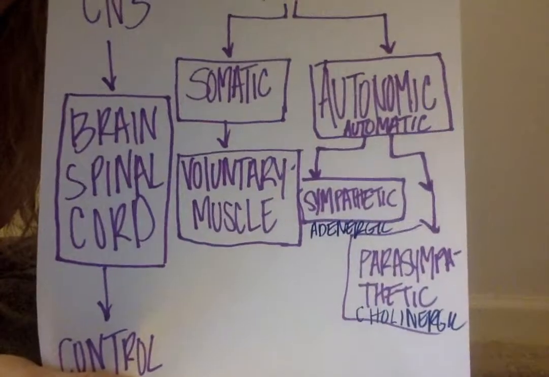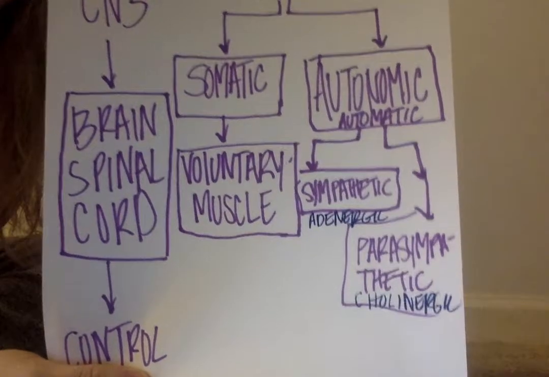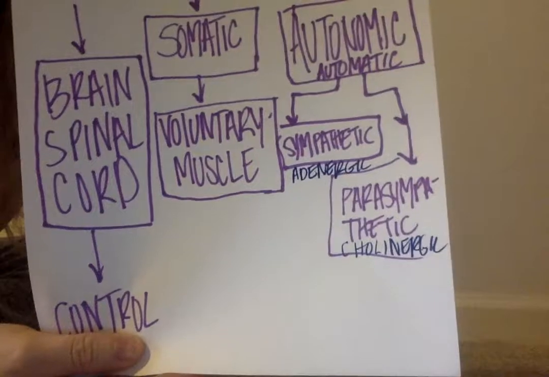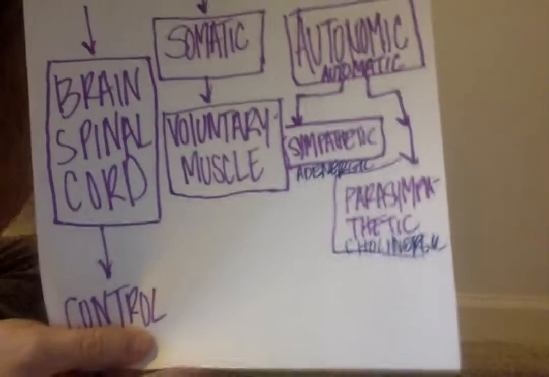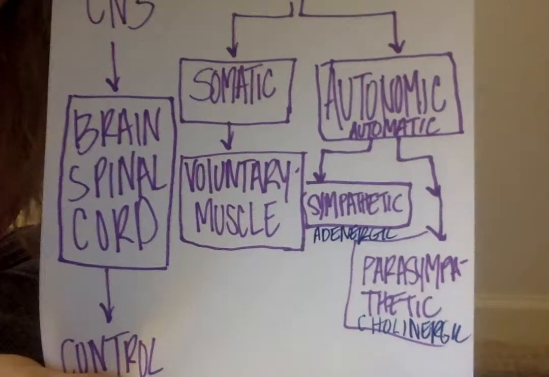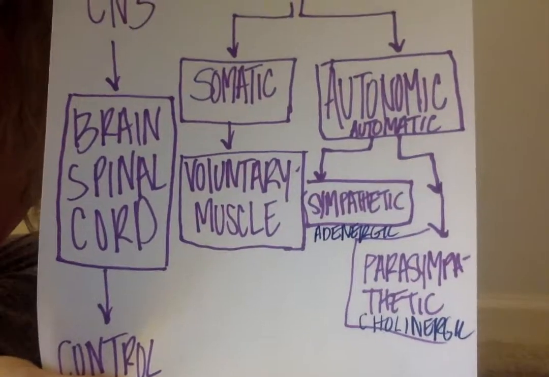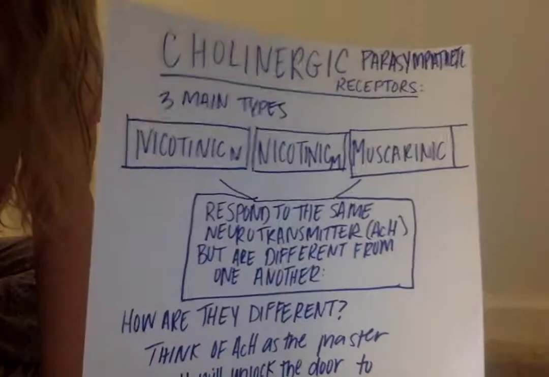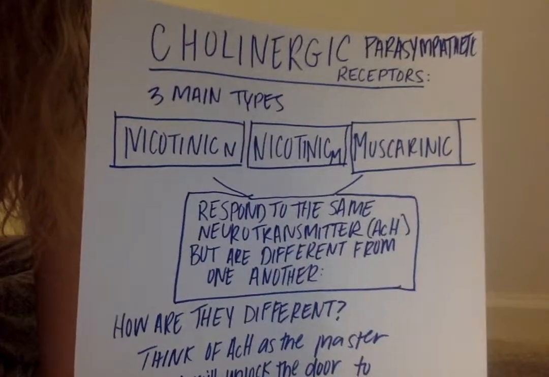So parasympathetic is cholinergic, meaning that acetylcholine is the neurotransmitter, and sympathetic is predominantly adrenergic. There are a few exceptions to the rule, but that means that epinephrine or norepinephrine are acting as the neurotransmitters within the sympathetic nervous system. This video is going to focus mostly on cholinergics, and then later I will get to the adrenergics.